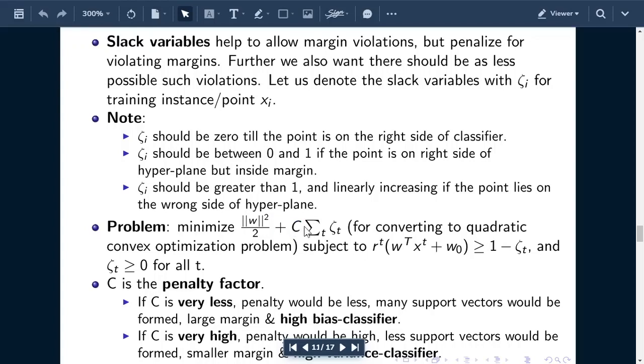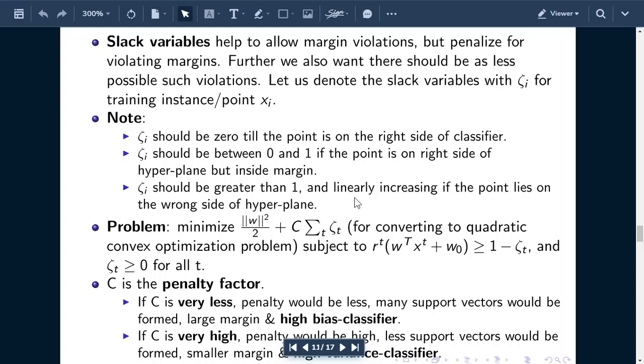Forget about the c. So I'm penalizing them with c times the summation of the slack variable. Cool enough. So take a deep breath and think. So what we have to do, we have to just minimize the objective function which has been modified with the old thing plus c times the sum of slack variable, and the constraint has been modified to rt times gx greater than equal to 1 minus slack variable, and as discussed all the slack variables should be greater than equal to 0.